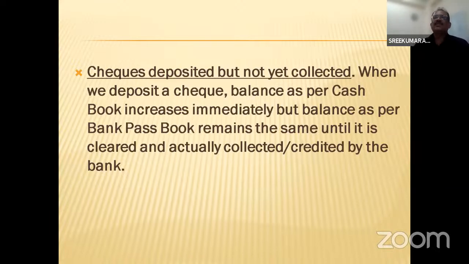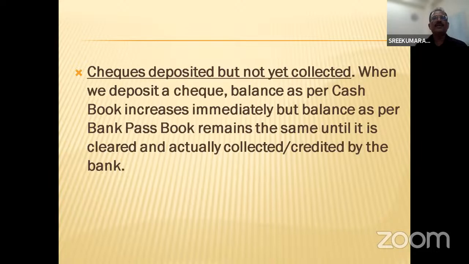this situation can happen. In your cash book, this much amount is the closing balance, and this much amount is already taken care of. So naturally your closing balance is increased, but until realization, that cash will not be credited to your bank account. That is why there is a difference.